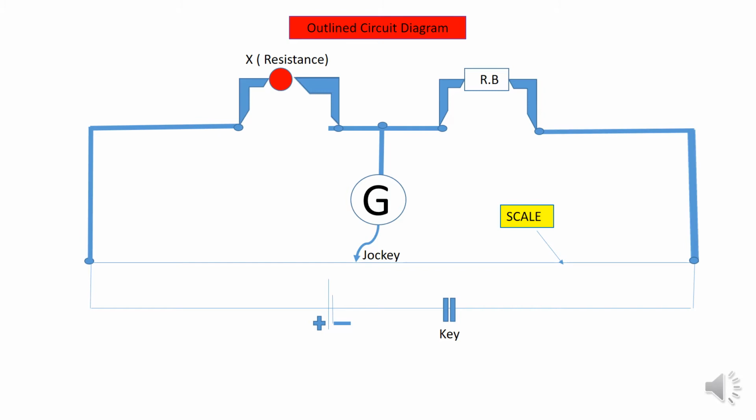This is the scale where we will move the jockey. When the jockey is put here, the galvanometer will show deflection to one end, and if we put the jockey here, it will show the needle at the other end. This shows that the connection is okay.